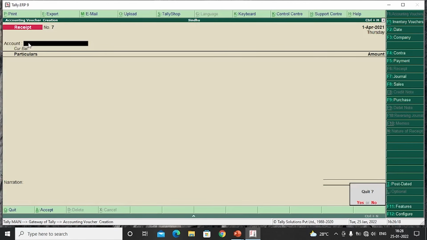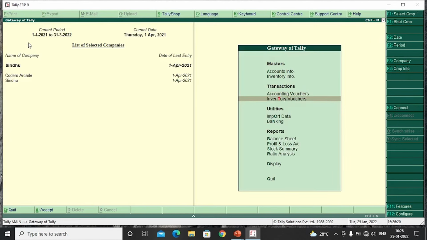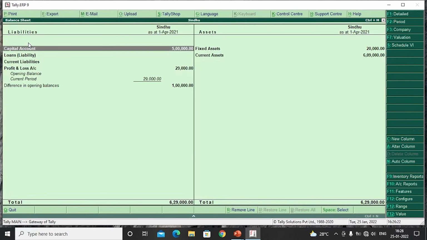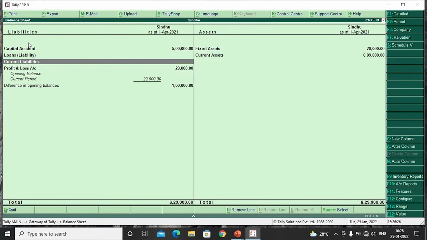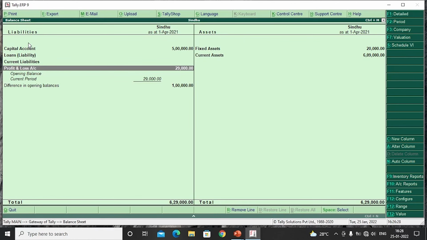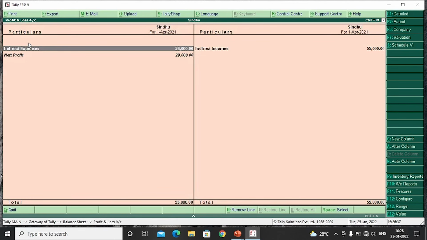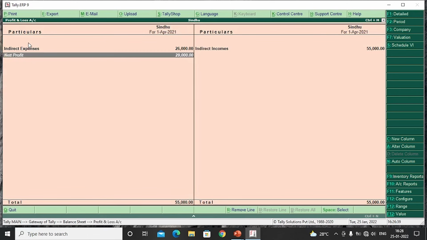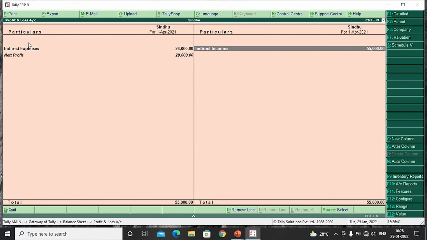Next, press escape and go to balance sheet. In the profit and loss account, we have got the amount 29,000. The profit is on the liability side, 29,000; indirect expenses 26,000, net profit 29,000, indirect income 55,000.